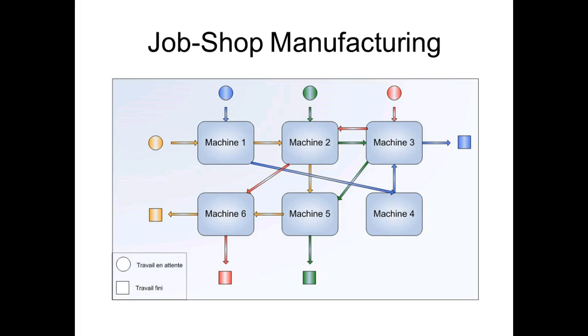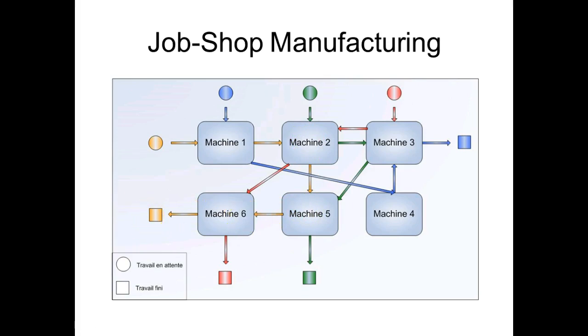So in this example, they're bringing in all different types of devices, and then they take different paths. So the yellow one comes in, what? It goes to machine 1. I'm sorry, this round one. Goes to machine 1, then goes to machine 5, and then goes to machine 6, and it's through.